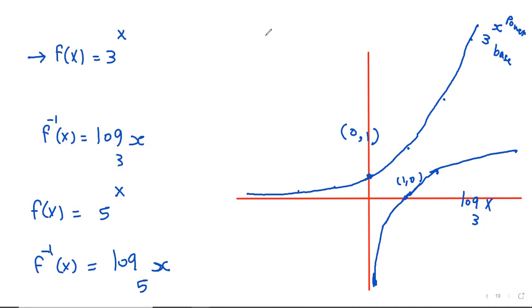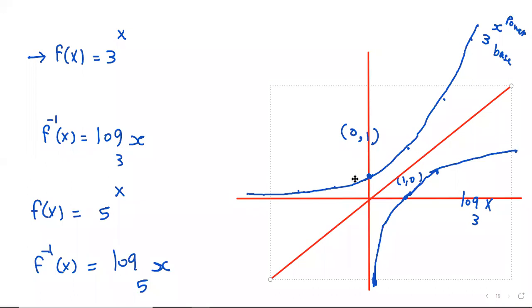And this function is reflected in the line y equals x. So the logarithmic function is the inverse function of the exponential function, and the two curves are symmetric about the straight line y equals x.